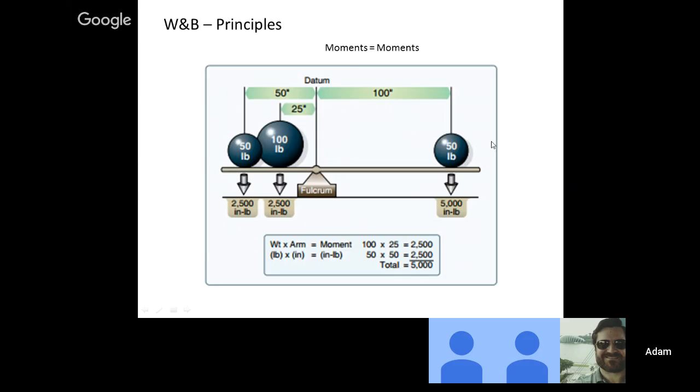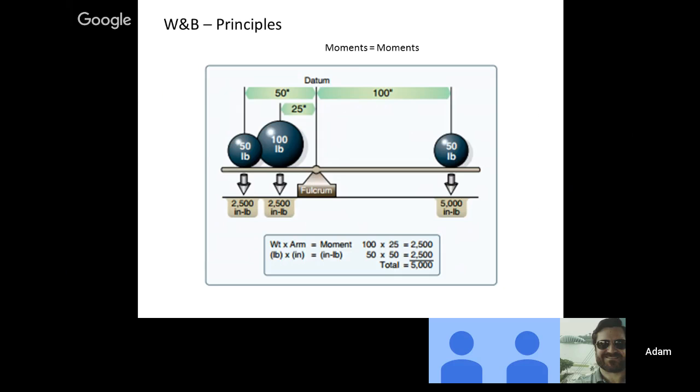There's two ways that the FAA will expect you to show your understanding of weight and balance. One will be, and it's kind of the reason I'm showing a bunch of seesaws, explaining the math or showing the math on balancing a seesaw like this.